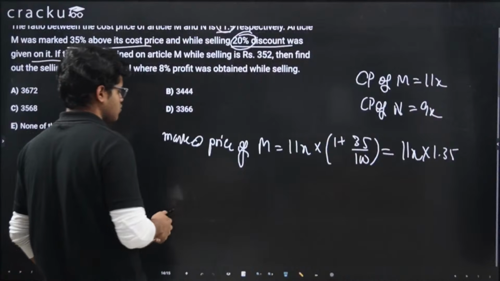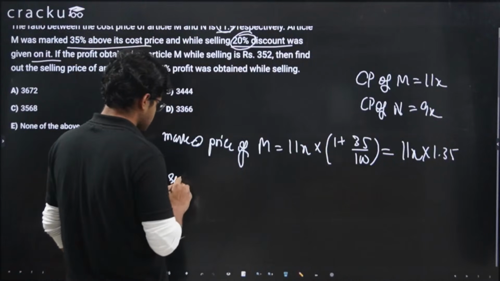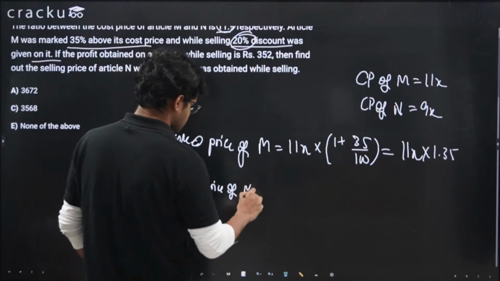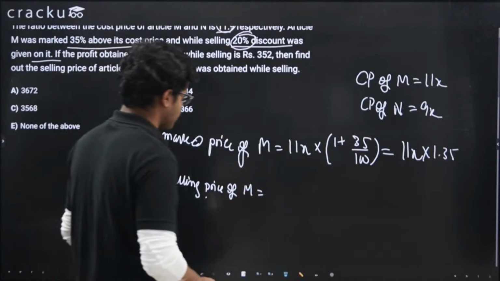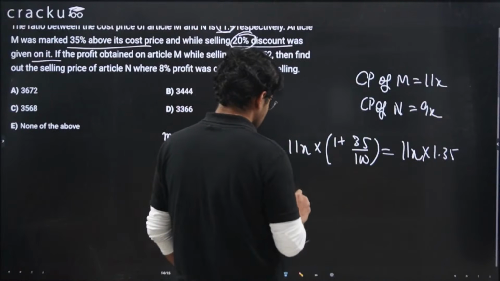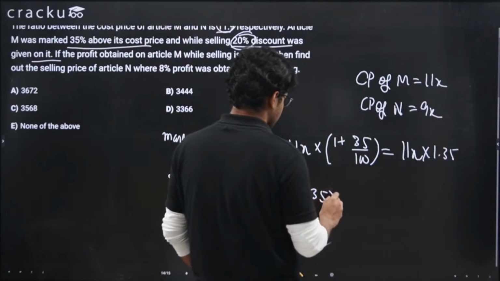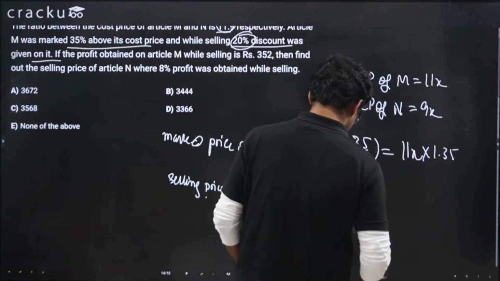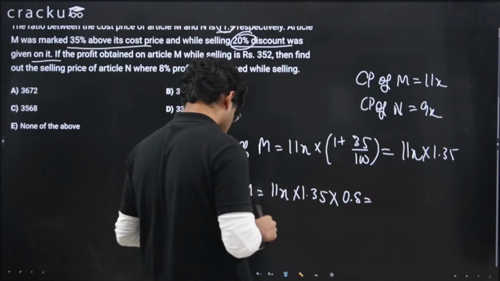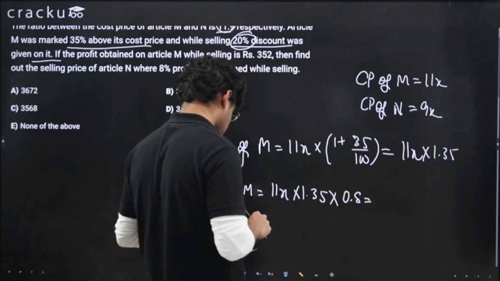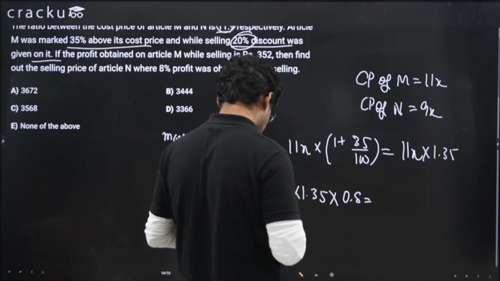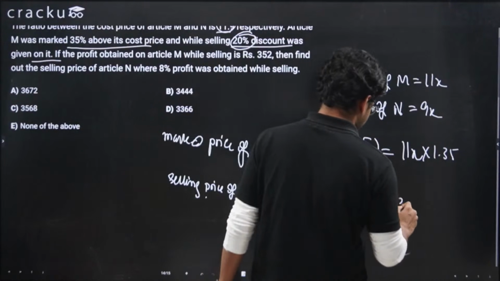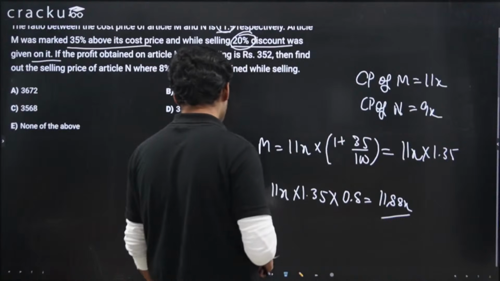So after giving discount, what I can write as the selling price? Selling price of M is 11x into 1.35 into 1 minus 20%, means 0.8, which is equal to 11 into 1.35 into 0.8, which is 11.88x. This is the selling price of M.